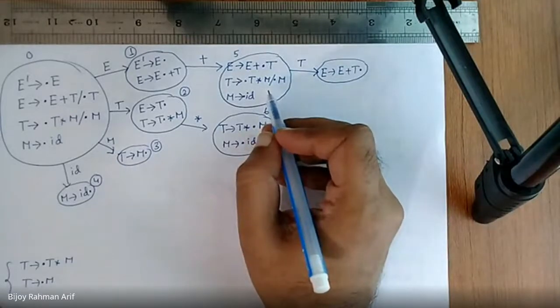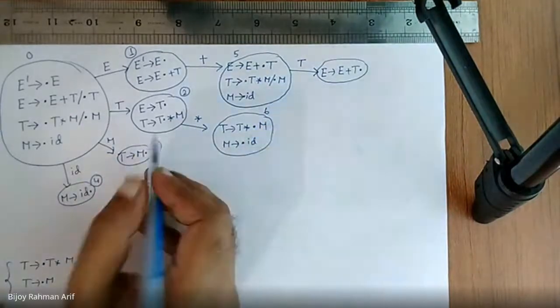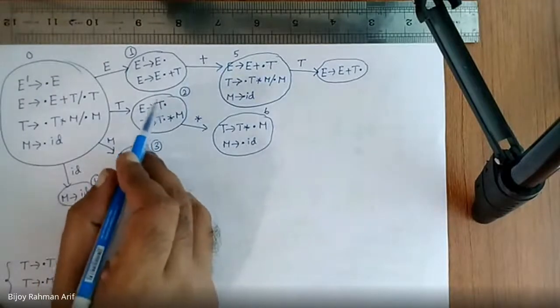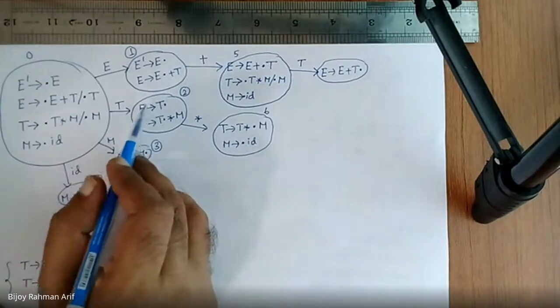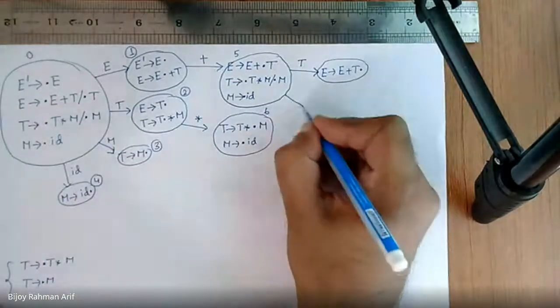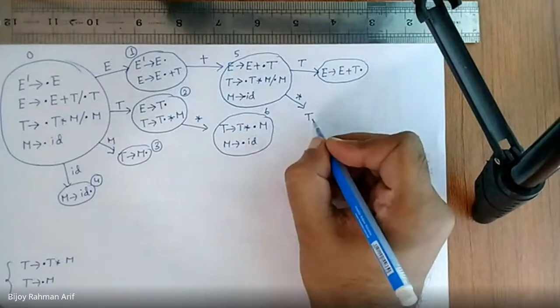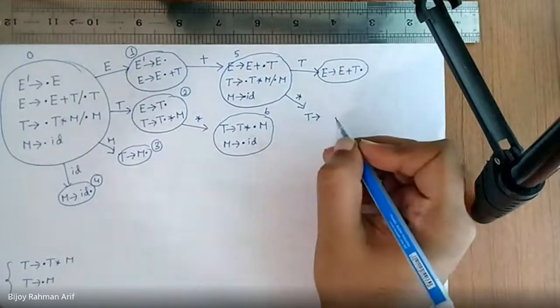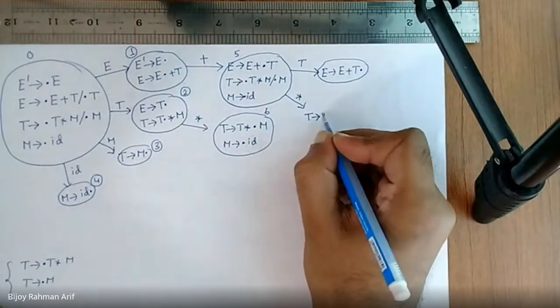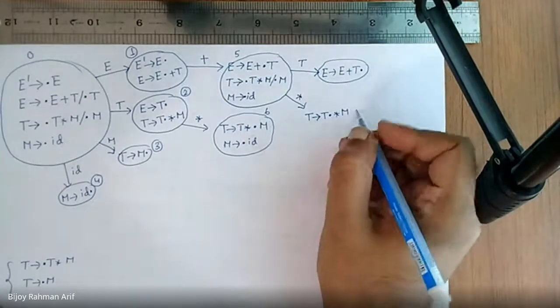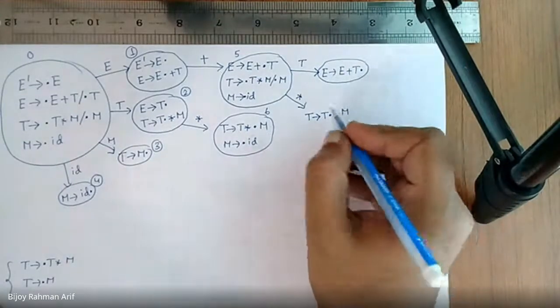Now moving on star, where do you go? You might think we're moving here, but alas, there is a special product related with this. So it is not the same, so we have to start again. On star, we get T derives T star dot M. We have to stop over here.